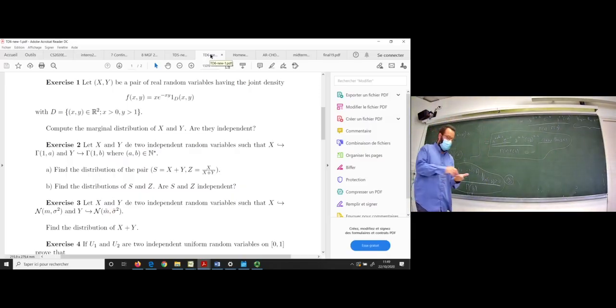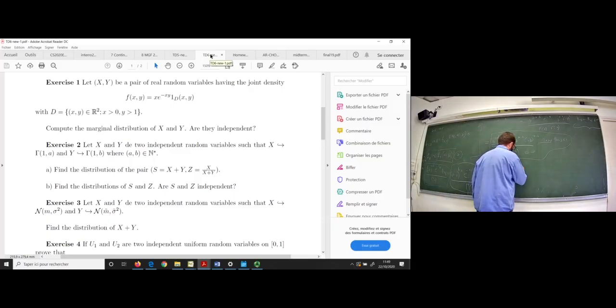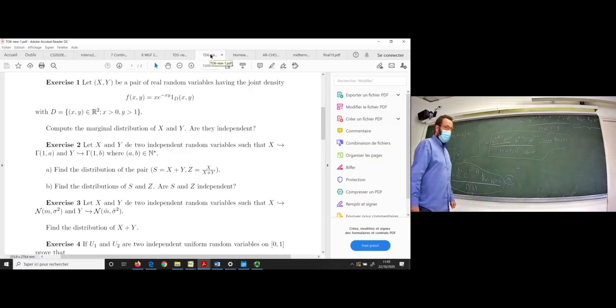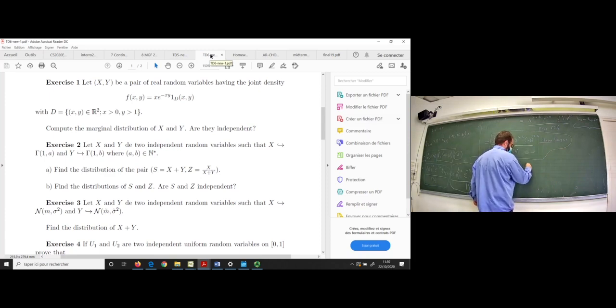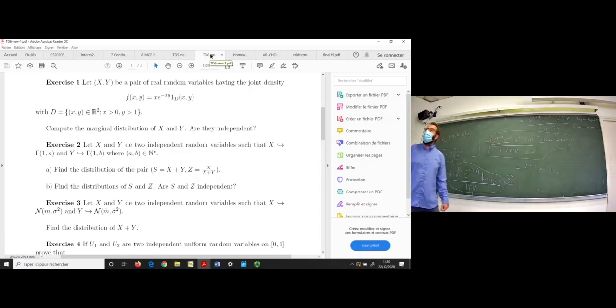I make it appear, and it will be finished if I do this. Let's make appear the density of S^(A+B-1), exponential minus S, indicator function of S strictly positive. So it's the beginning of a gamma.